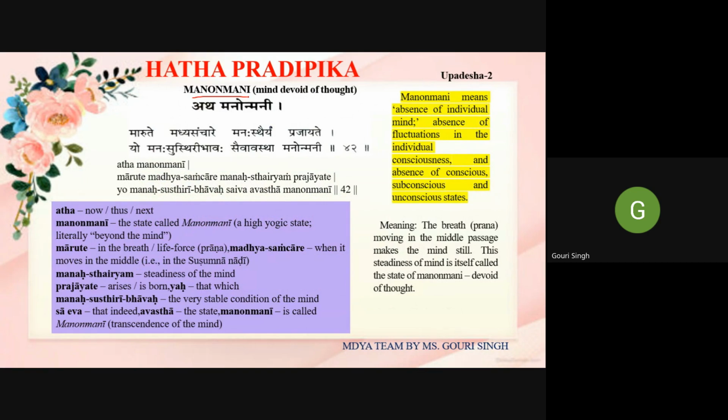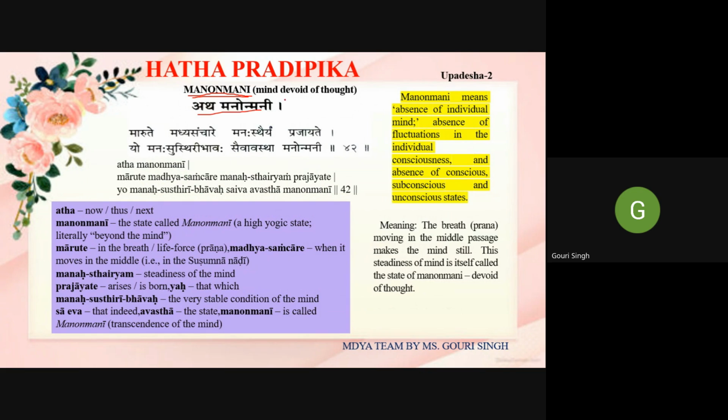Okay, so whenever the prana flows in the Susumna Nadi, what happens? That person gets the Manomani state. He is discussing here Atho Manomani, where the mind is devoid of thought.